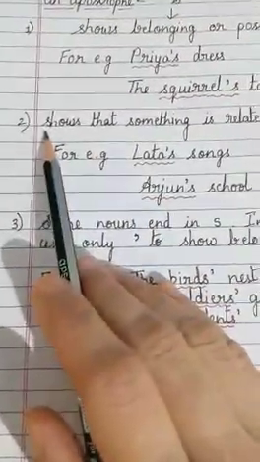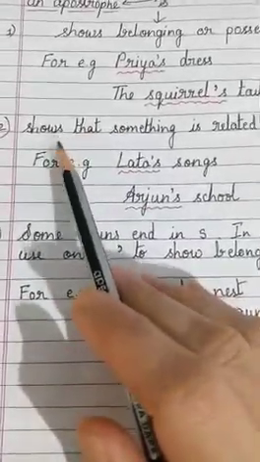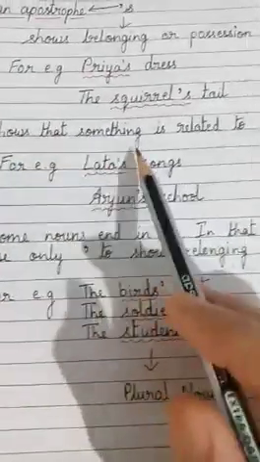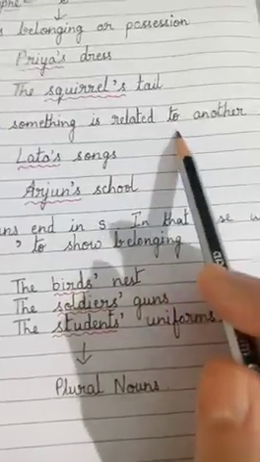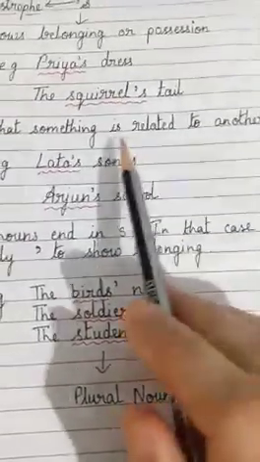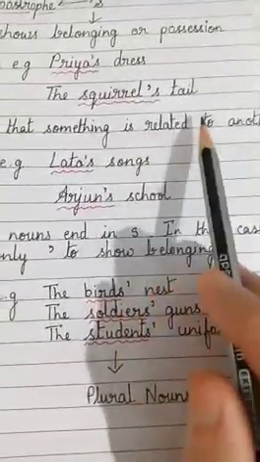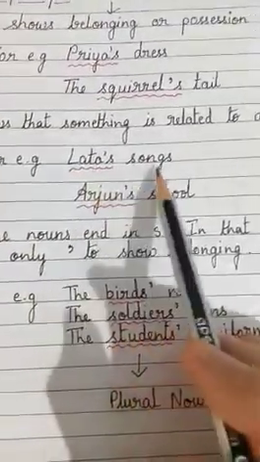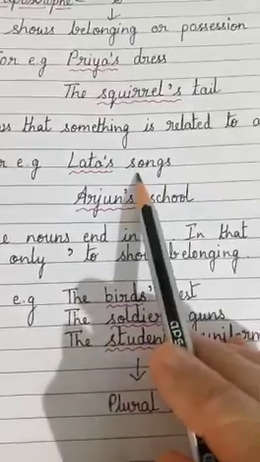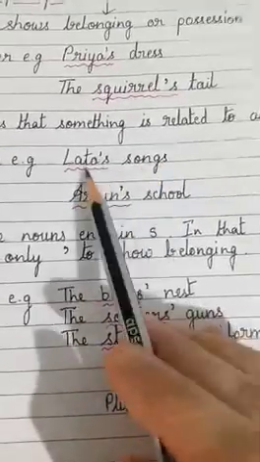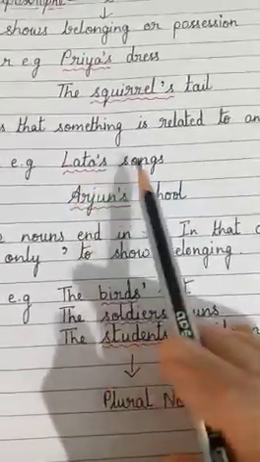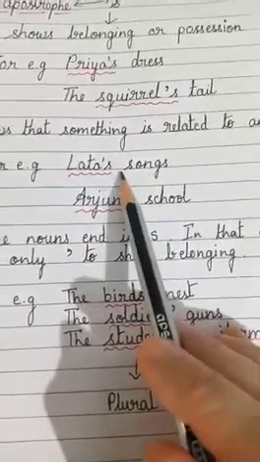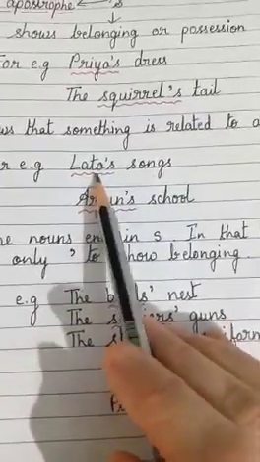Now second one, the apostrophe S also shows that something is related to another. That means not always belonging or possession. For example, Lata's songs. So what can we say? We can't say songs belong to Lata. No, the songs which are sung by Lata.